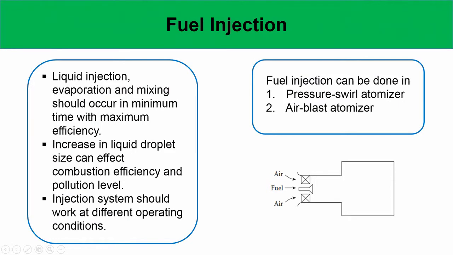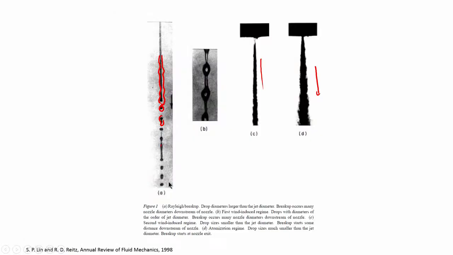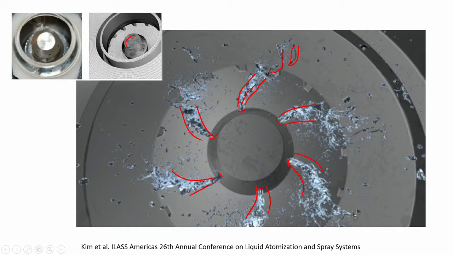So, then we will go into fuel injection. Okay. And so, now coming back to the practical gas turbine engine, you have to have something like this, where you send out the liquid jet and you expect that the liquid jet will break up because of this fundamental Rayleigh-Plateau mechanism, because of other Kelvin-Helmholtz instabilities, Rayleigh-Taylor instabilities, because of atomization.